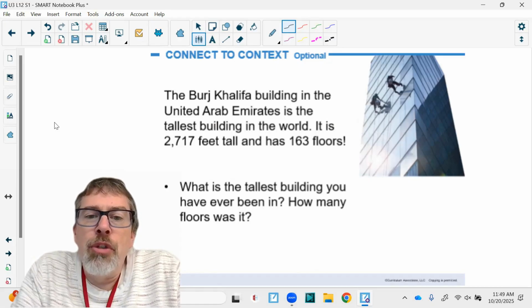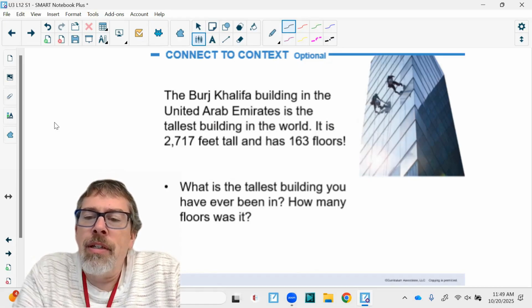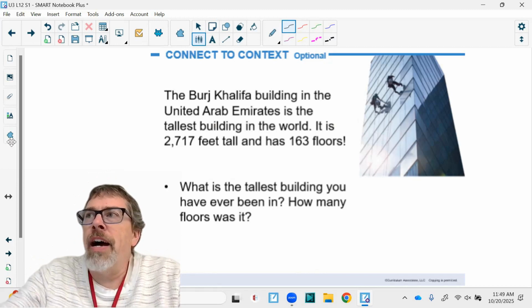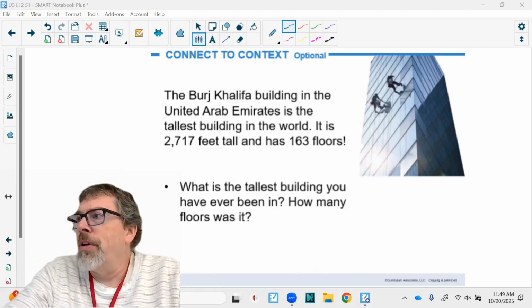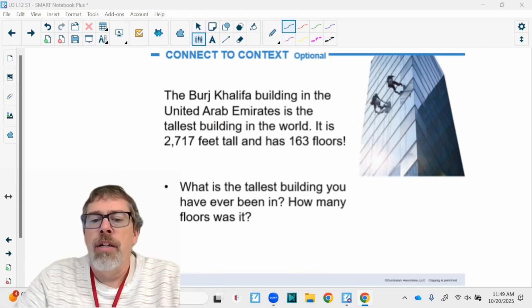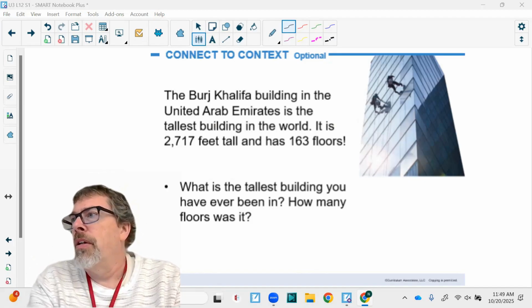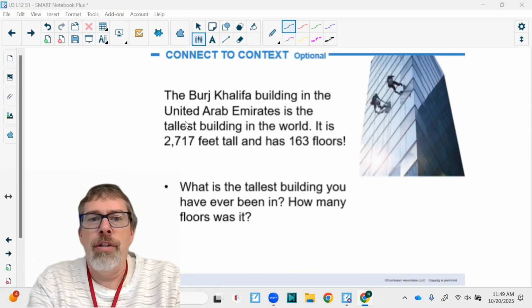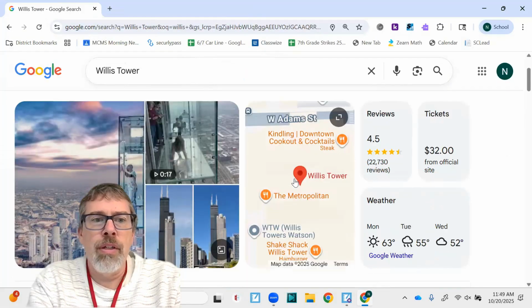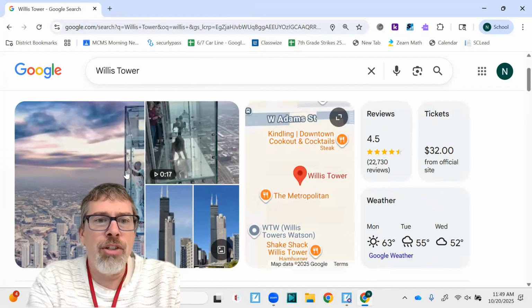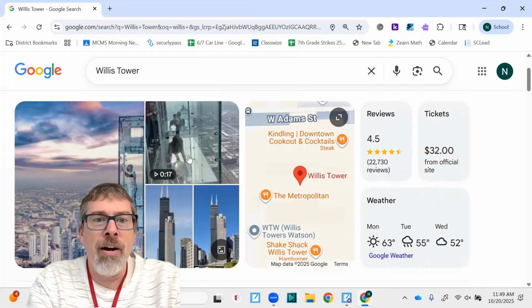What is the tallest building you've ever been in? Let's see. I think the tallest building I was in was the Willis Tower in Chicago. So here it is. This is the Willis Tower, and there's an observation deck that's all glass. I've been on that. You go out there and it's glass underneath your feet.